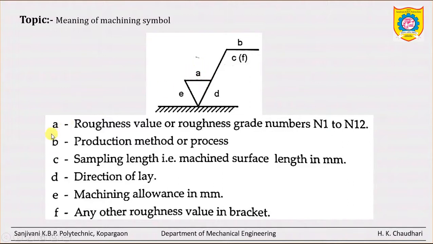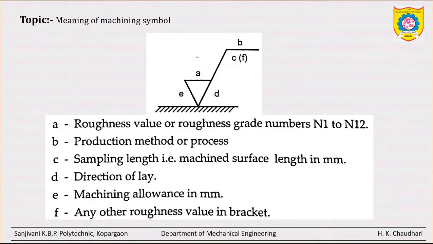So A means the roughness value, or you can say roughness grade numbers N1 to N12. These are also represented by symbols, that means this triangle, four triangles, three triangles, two triangles, and sometimes a wave-like symbol.